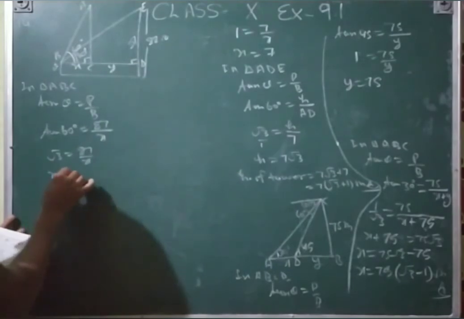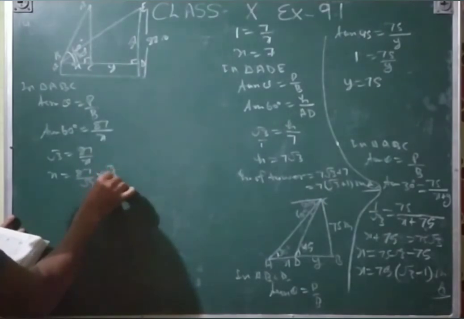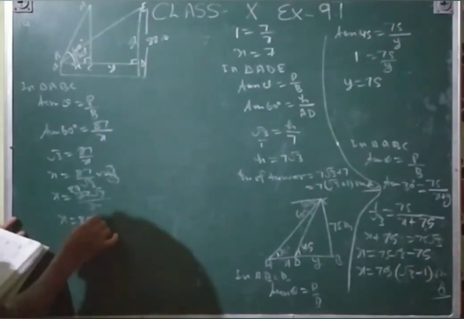So x is equal to 87 upon root 3. By rationalization, that is 87 root 3 upon 3. 3 times 29 is 87. So x is equal to 29 root 3.